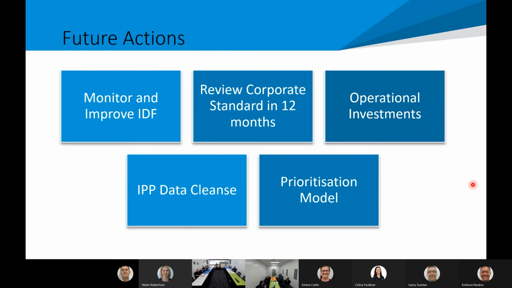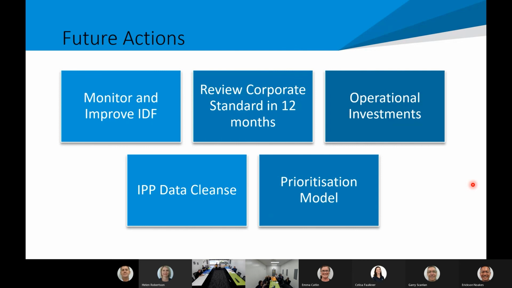The last two are probably the more technical ones. We've got to do an IPP data cleanse, and we've been talking about this for a long time, and every year we do a snippet of it. We're working out at the moment what that actually means. That's all the legacy projects that sit in IPP. The importance of that is at the moment, we haven't got confidence in that 10-year capital plan, so we don't have confidence in what currently sits in it.